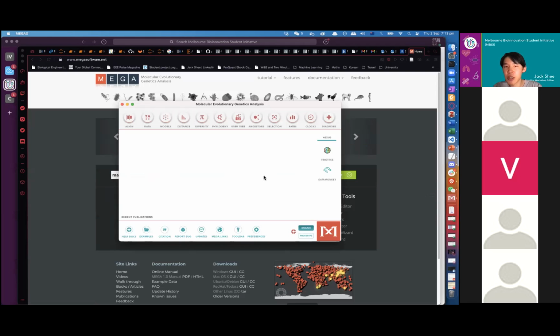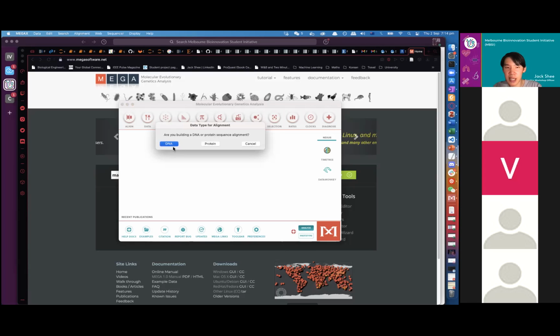I'm going to briefly show you how I can go from a multiple sequence alignment. Well, actually, even prior to that, I can go from a list of sequences, compute a multiple sequence alignment, and then generate a distance-based tree. So the first thing I'm going to do is click align and build alignment. I'm just creating a new alignment.